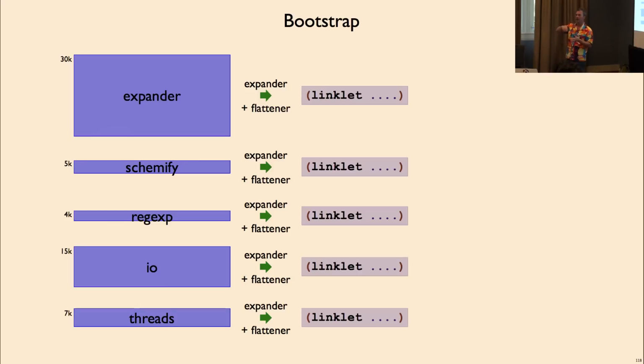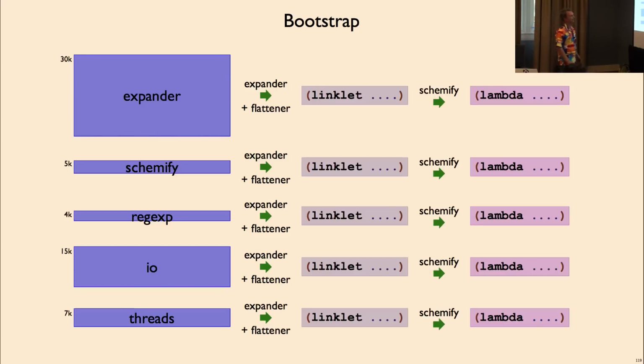And so all of the compile time code, the macro stuff, just evaporates away because, of course, the macro expander doesn't exist anymore, so you don't need that runtime support. Right. So you get a flattened linklet, and then if you're going to Racket on Chez, you schemify that and get it to a lambda. Schemify just further manages those definitions on the inside, turns it into a lambda that takes roughly box-like objects as the variables as arguments.